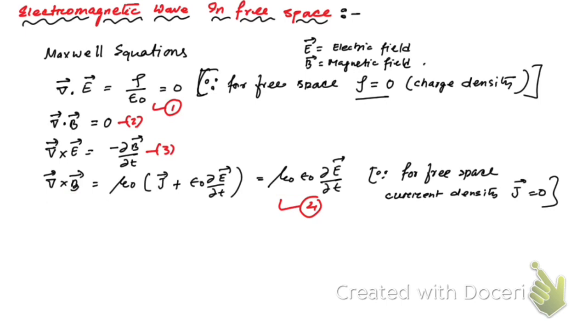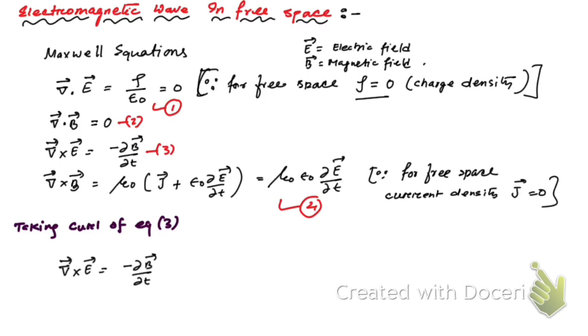So now, taking curl of equation number 3. Now let us take the curl of equation number 3. This is the equation number 3. Let me copy the equation and paste it here.